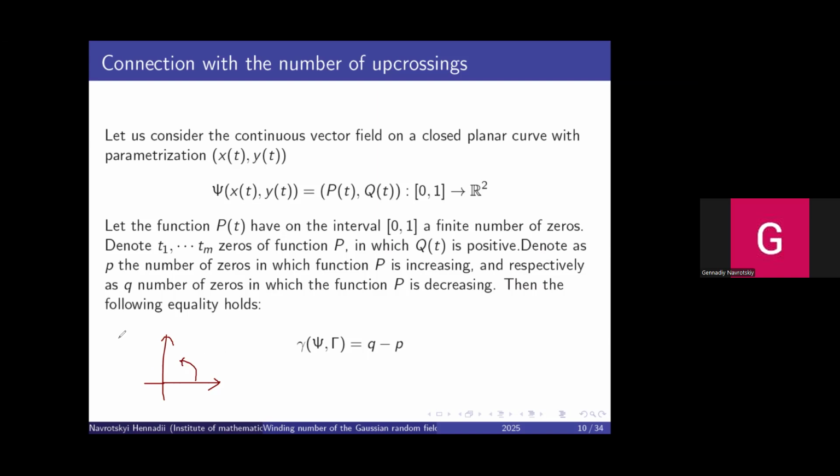And since the winding number on the closed planar curve is always an integer, we can conclude that it is just equal to the number of upcrossings minus the number of downcrossings.